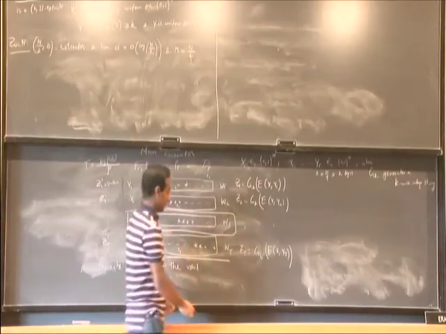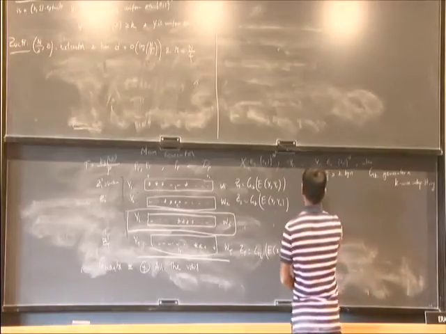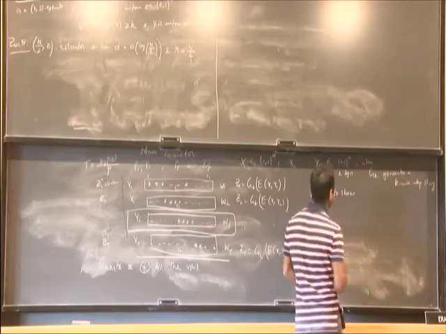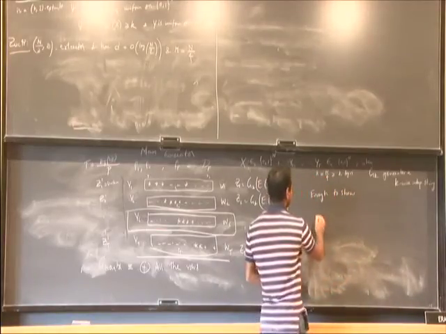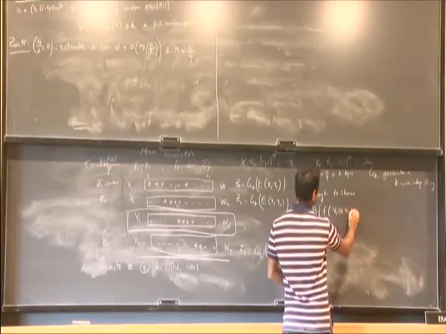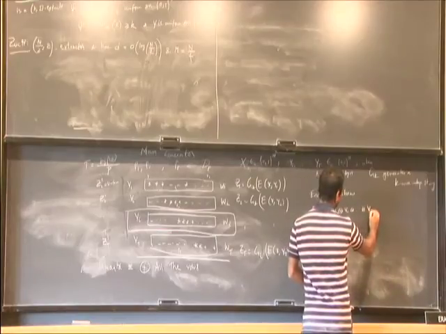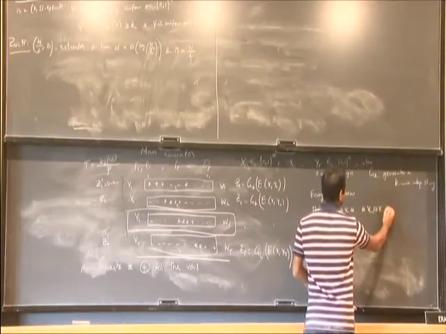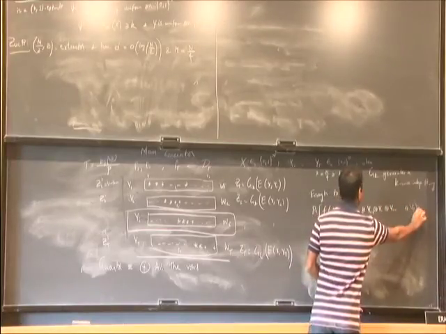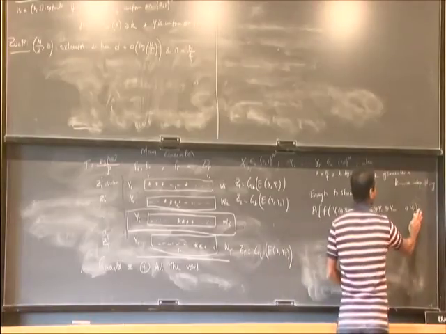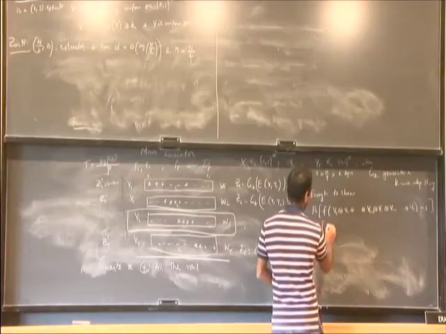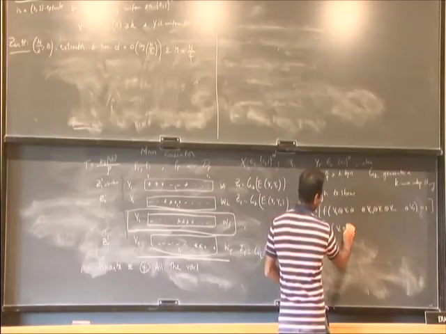Let me write it down here. So it's enough to show, let's fix a function f from our function class, that the probability f of v1 XOR v2 XOR up till vi minus 1 XOR vi XOR vi plus 1 equals 1 is within epsilon of the same probability where all of these bits are the same.